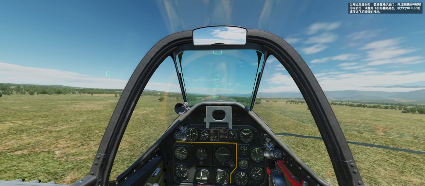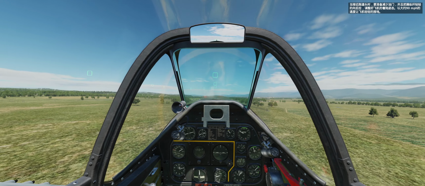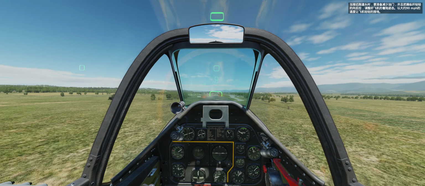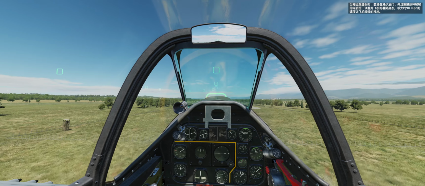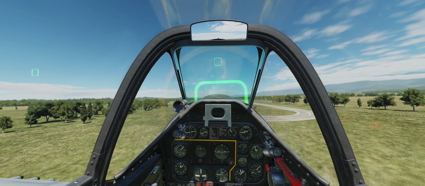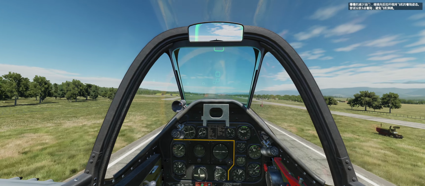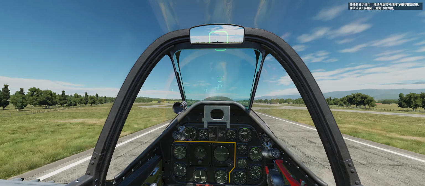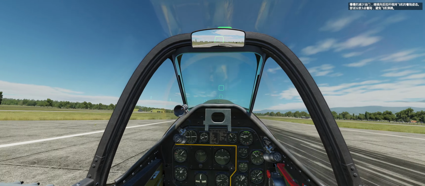You want a gentle touchdown at about 90 mph. Carefully reduce power and continue pulling the stick back for a gentle flare. Try to make a 3-point landing to avoid a bounce.